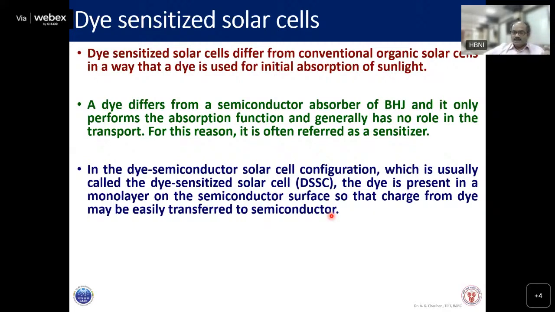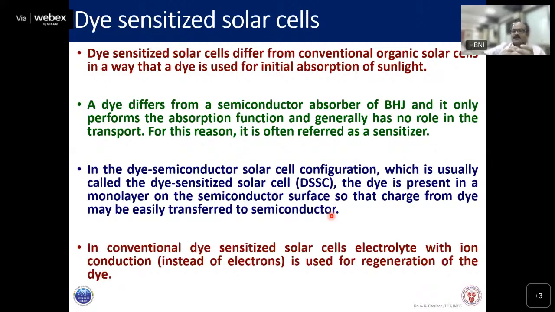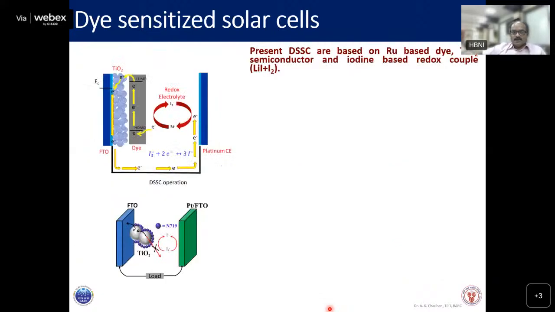So you have a TiO2 semiconductor, and over this the dye is in monolayer form. The dye is very thin. Light falls on the dye, it gets excited, and then the electron is immediately transported to the semiconductor. In conventional DSSC, an electrolyte with ion conduction instead of electrons is used for regeneration of the dye.